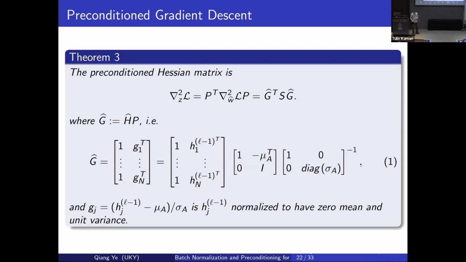So the effect of this transformation is that I transform the Hessian, which was defined by a general H hat, into something defined by G hat. Implicitly I change the hidden variables, just like batch normalization, but I do it implicitly. G hat is now the normalized activation, so it implicitly changes the activation for the purpose of the Hessian.